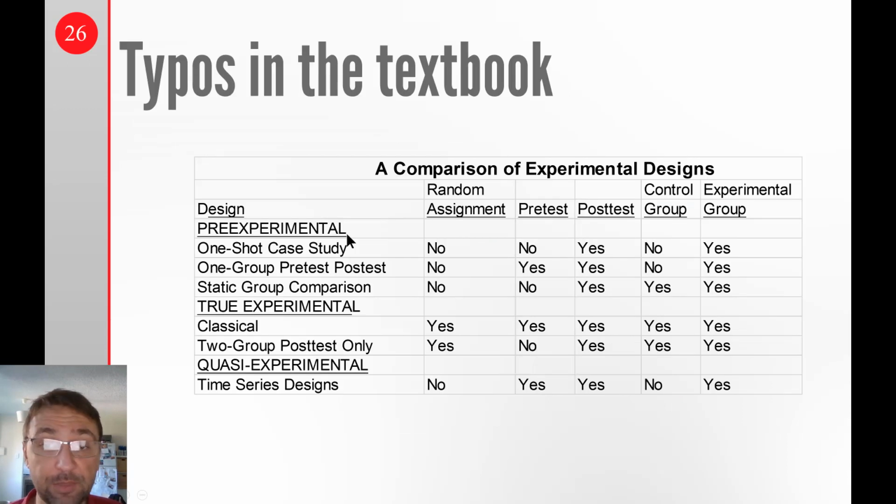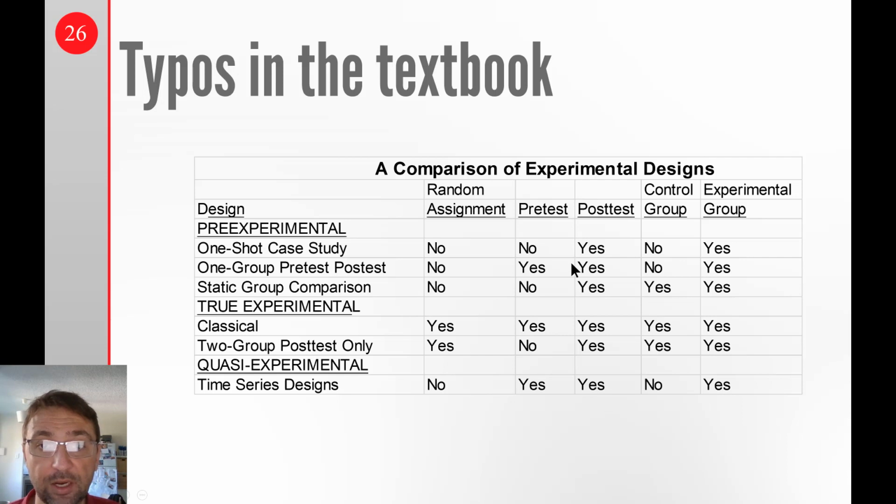This is a comparison of experimental designs. You can go through it yourself, but note there is no random assignment in pre-experiments. And except for the static group comparison, we don't even have a control group. Actually, see, this is wrong. Oh no, this is correct.